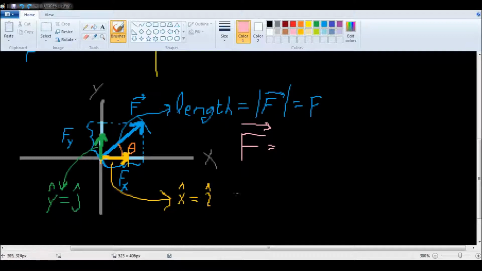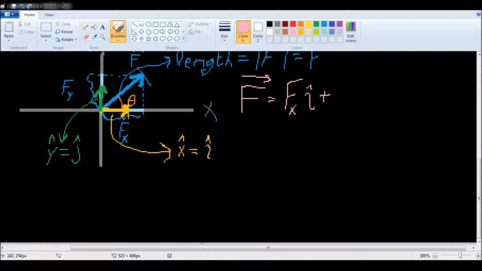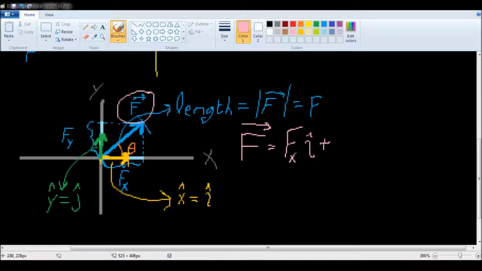And the way we do that is we'll use this first term. This first term will represent how many I hats we have. So how many lengths of 1, or how many vector lengths of 1 do we have lying along the x-axis in f of x here? And the value of that is just going to be f of x, I hat. So for example, if we had, let's say, this vector f, or this value f of x, it has a value of 3. Let's say that it sits at 3 on the x-axis.